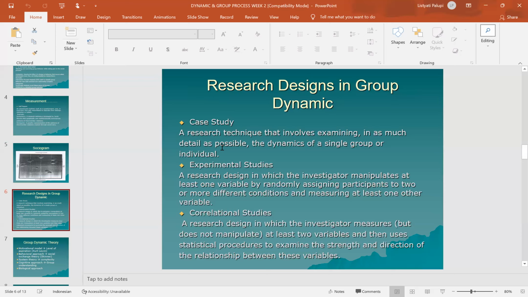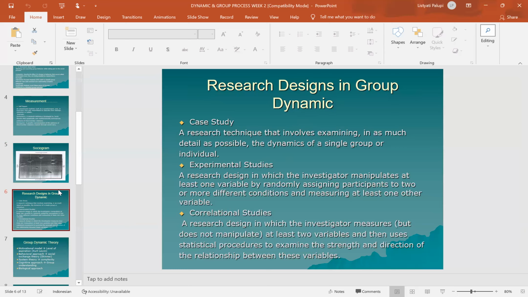Researchers don't need to manipulate anything. Researchers only try to find or investigate the relationship between one variable and another variable. That's all the research designs that are usually implemented by researchers in the field.